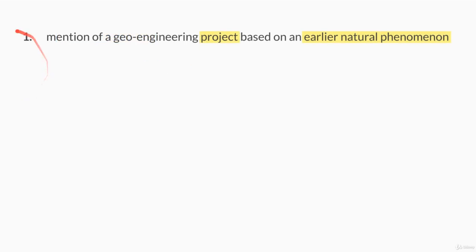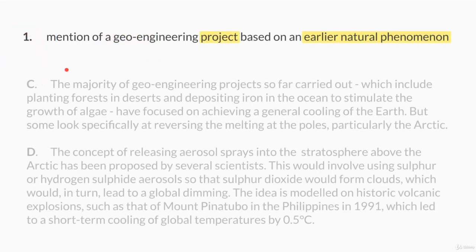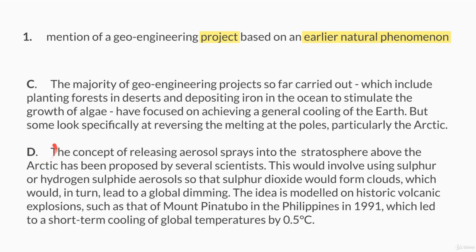Let's move on to question number 1. Now, we are going to be comparing these two paragraphs, C and D, and I'm going to be scanning for these keywords and especially synonym language. I'm expecting to find a lot of synonym language since this is a difficult question. So here we go. I'm looking for project and earlier natural phenomenon.